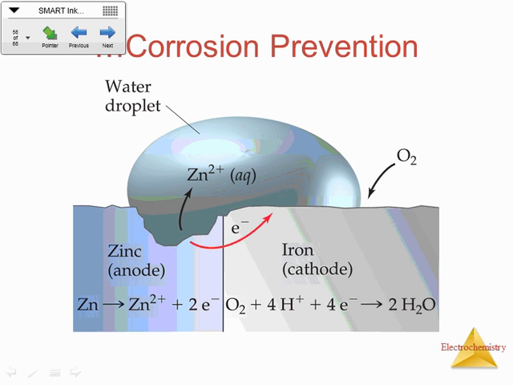Well, the zinc is going to give its electrons to the oxygen before the iron will. So you've got a piece of zinc right here. The zinc will get oxidized first. And so as long as you have some zinc there, it'll prevent oxidation of the iron, and that's called your sacrificial anode there. Okay, and that's one way to keep the iron from rusting.